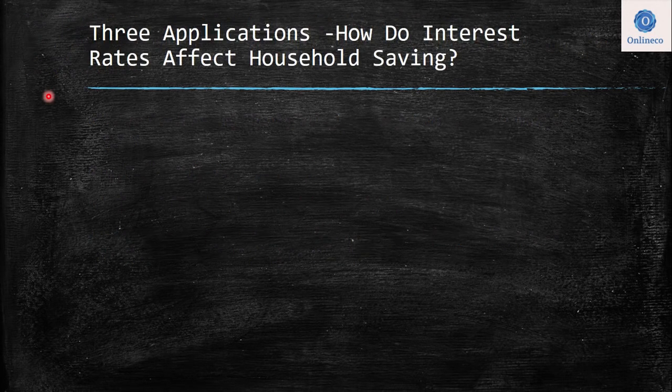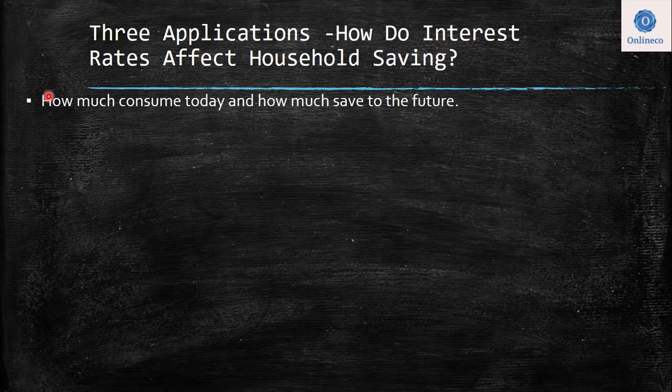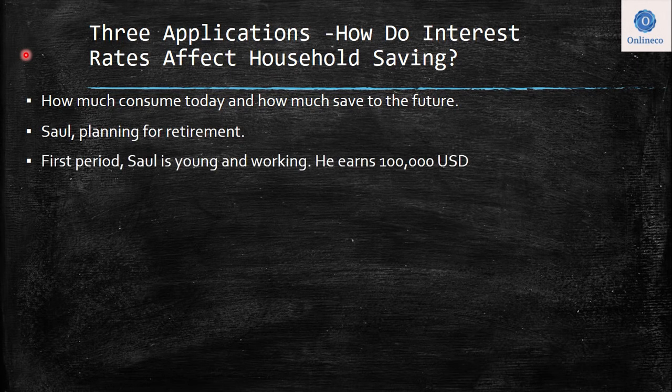Then the other part: how do interest rates affect household saving? Before, we just thought about present consumption, but we can take the basis of that analysis to understand the trade-off of consuming today or saving to consume in the future. So imagine Saul, who is planning for retirement.